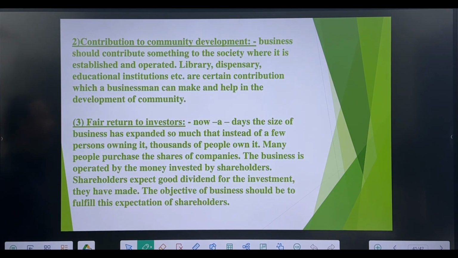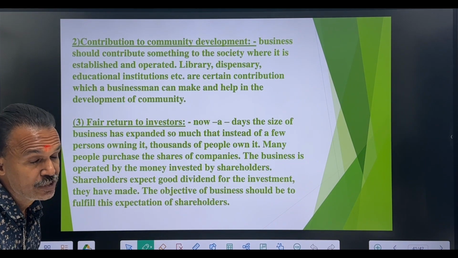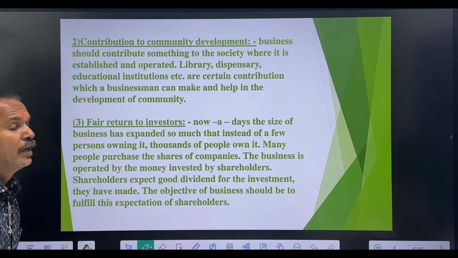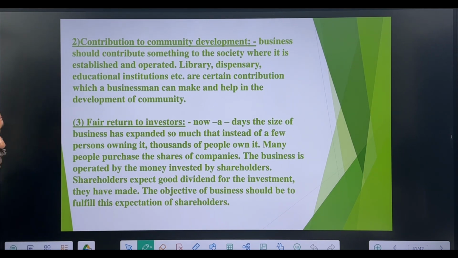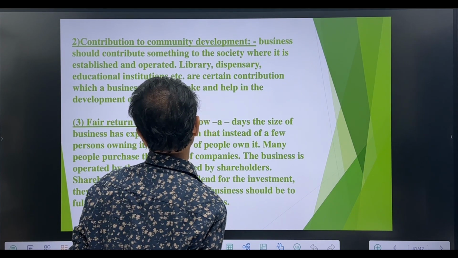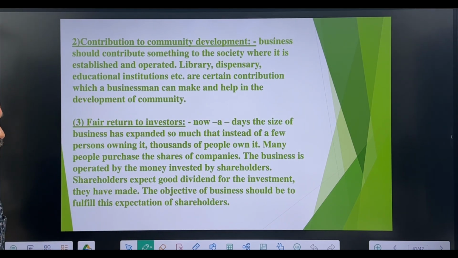Second, contribution to community development. Today, the objective of the business is not only to earn profit. Business has some objectives for community development. For this purpose, business must make various contributions for the development of society, such as businessmen opening libraries, dispensaries, educational institutions, etc. Fair return to investors.